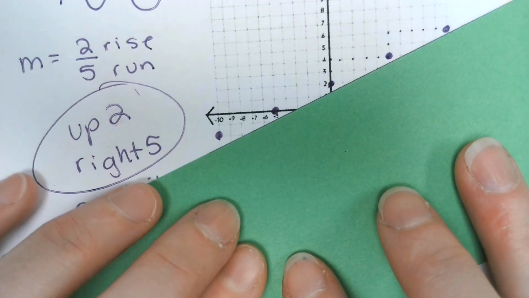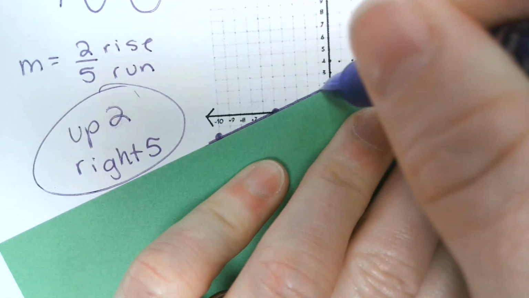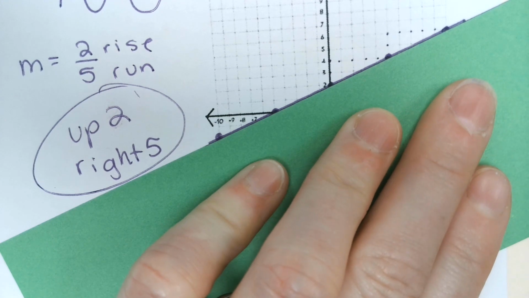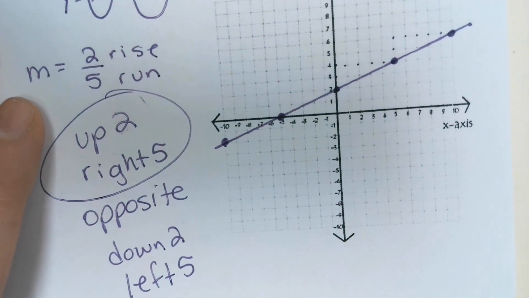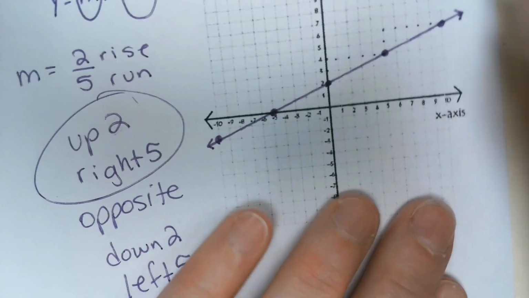Now use your straight edge. Press it down firmly. Connect it, or put arrows on the ends and label it.